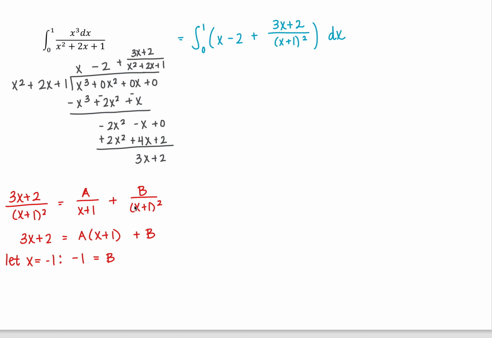So now we have a value for B. I just need to find a value for A. To do that, I'm going to let x equal 0. And if x is 0, then I have 2 equals A plus B. And I know that B is equal to negative 1, so 2 equals A minus 1, meaning that A equals 3.